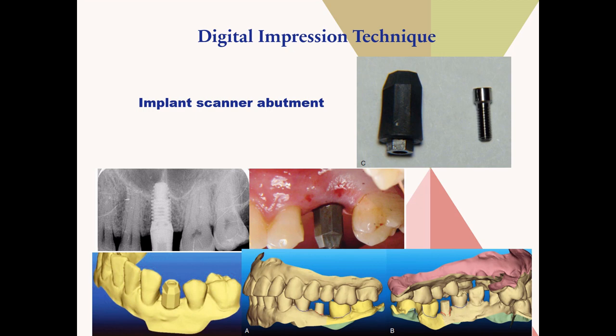So here it eliminates the need to obtain the traditional bite registration for fixed prosthetic cases, reducing chairside time. And here we make use of computer software that automatically stitches together the multiple overlapping pictures in a transparent process called real-time modeling, through which we obtain opposing arches in the maximum intercuspal position. So this is the digital impression technique.